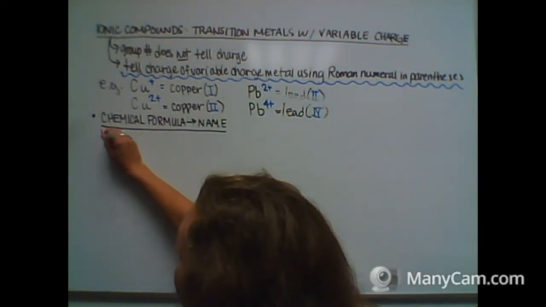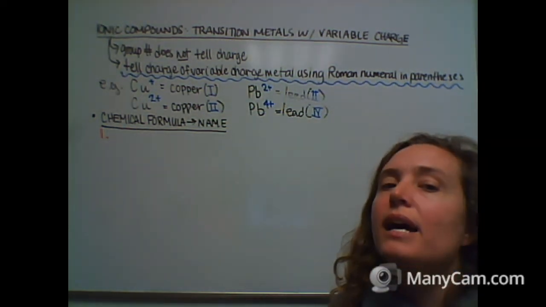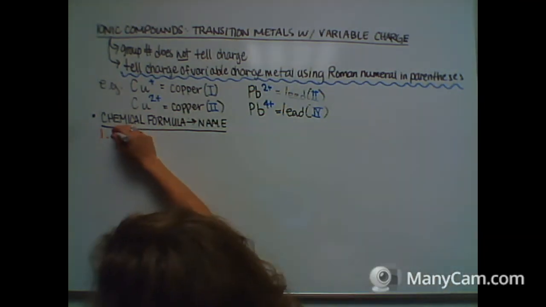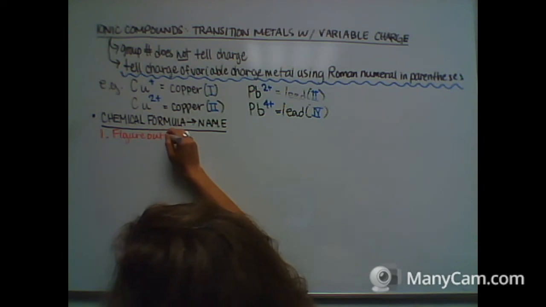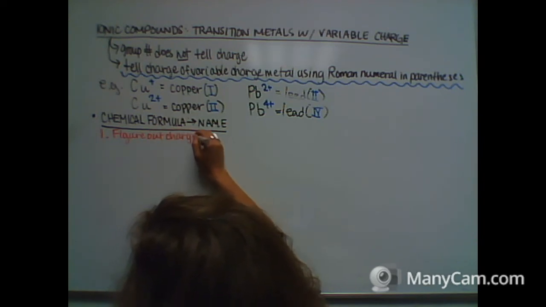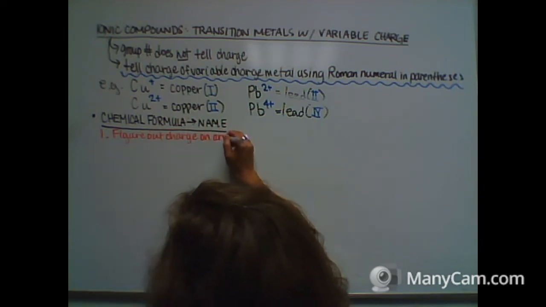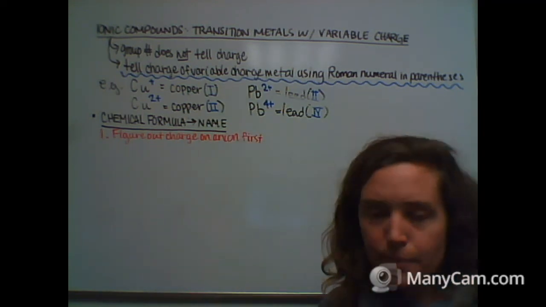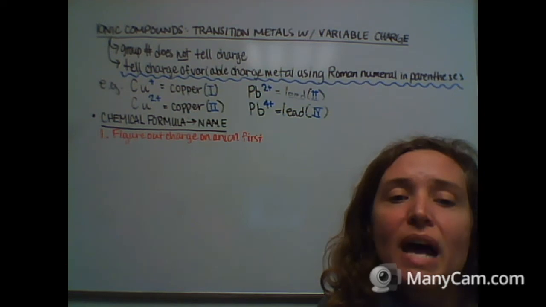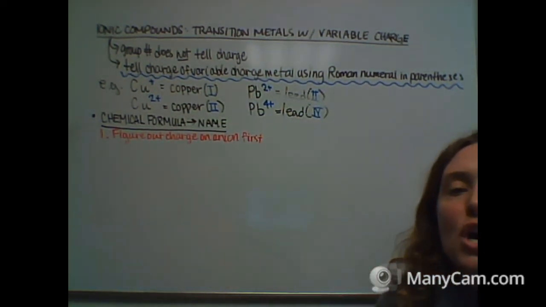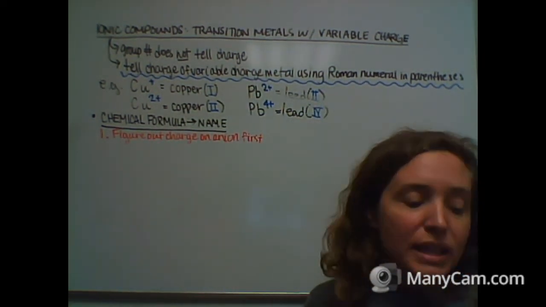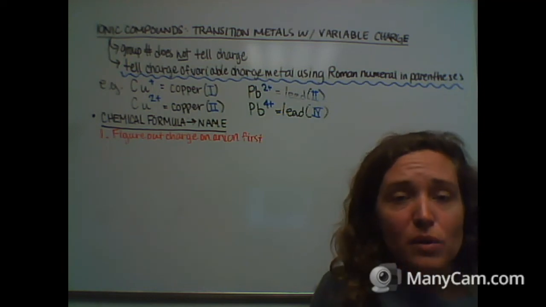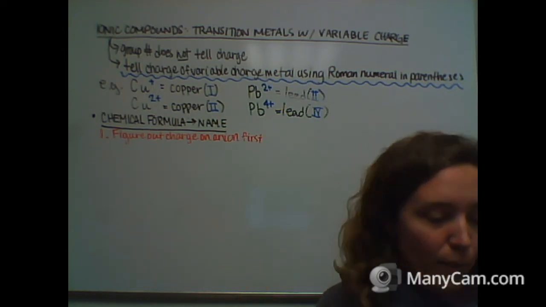Step number 1. We want to figure out the charge on the anion first. After we do that, that'll make it easier for us to figure out the charge on the cation, because remembering that the cations can have more than one charge. So which is it? We'll find out.